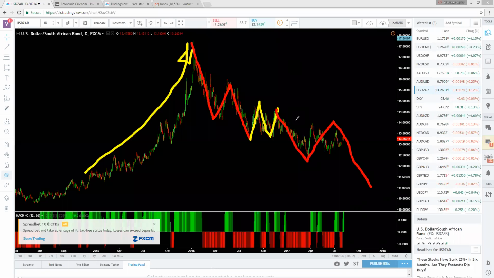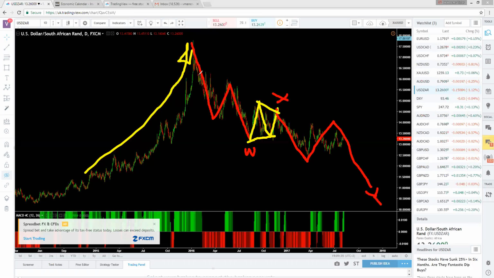I did this from last year already. From last year already, I knew that ZAR was going to 11 Rand. We knew this when ZAR was still at 15 Rands. So this zigzag is labeled a W. The yellow one is always an X, and then this will be a Y.